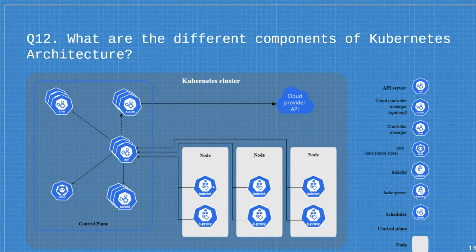Then we have the worker node. In the worker node we have kubelet and kube-proxy. Then we have our application pods. These two are the main parts of the Kubernetes cluster. Kubelet we have seen, it's used to control the pods, and what is kube-proxy doing? It is for networking.